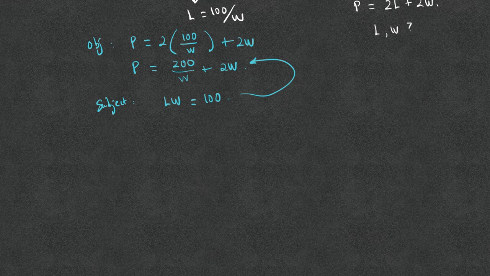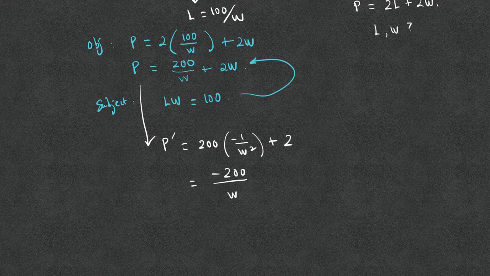Once we obtain the equation in one variable, we will differentiate it. The derivative of 200 over W is 200 times the derivative of 1 over W, which is negative 1 over W squared, plus the derivative of 2W, which is 2. And so this is minus 200 over W squared plus 2.